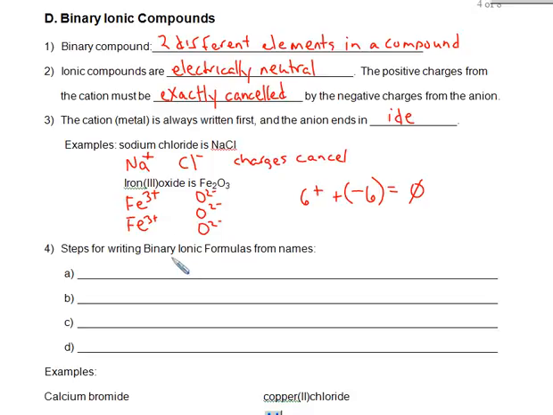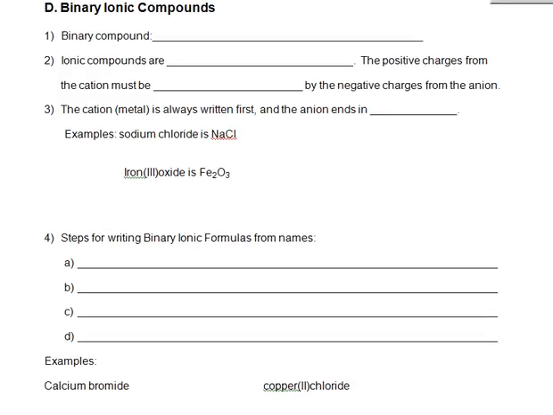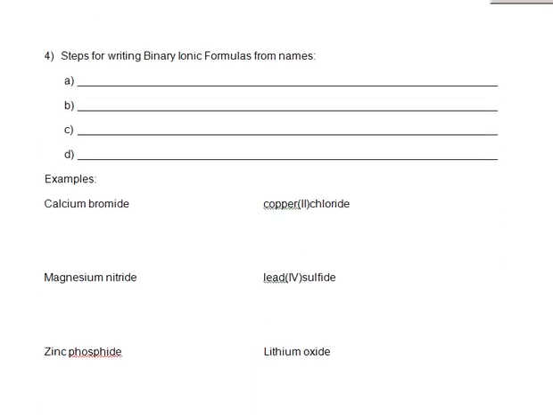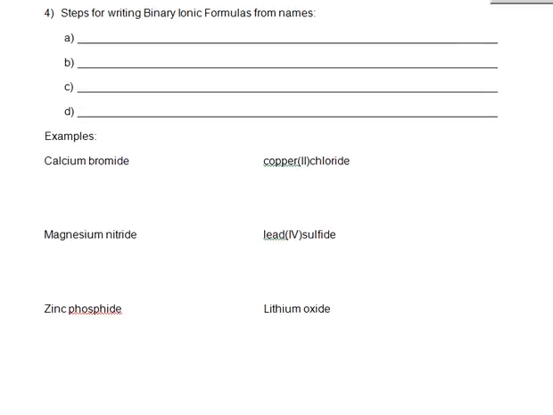So let's look at some steps for writing binary ionic formulas from names. And let's scroll down the page before we do that so we get everything all on one page. Make sure we've got plenty of room here. Okay. So steps for writing binary ionic formulas from names.